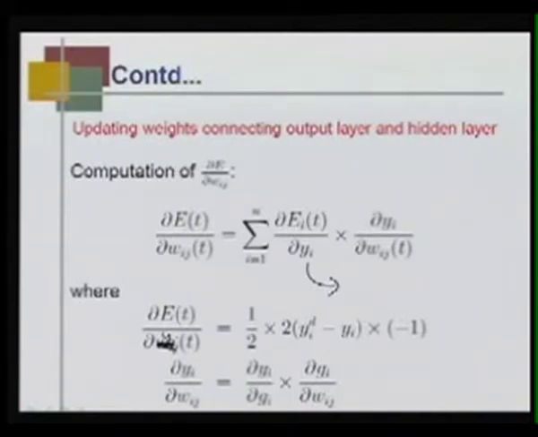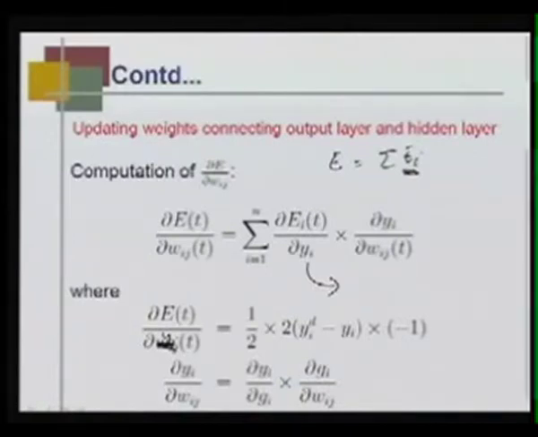I know that E is the summation of E_i. Hence, differentiating E with respect to w_ij means I differentiate E_i with respect to w_ij and take a sum. Individual E_i is a function of y_i, so I differentiate E_i with respect to y_i, and then y_i, which is a function of w_ij, and that is how I compute this partial derivative.